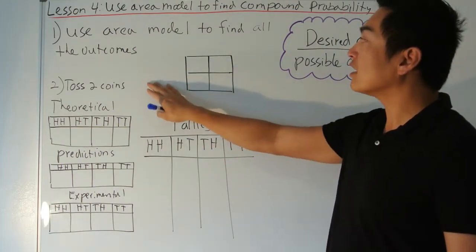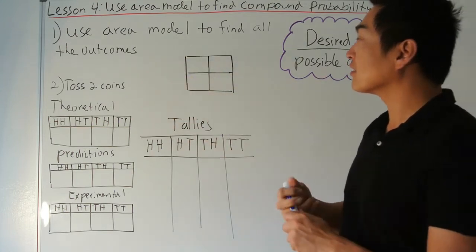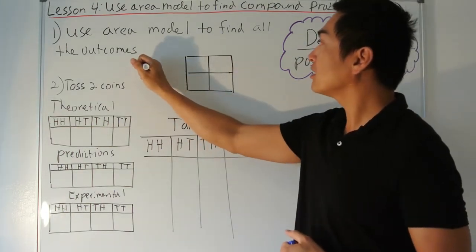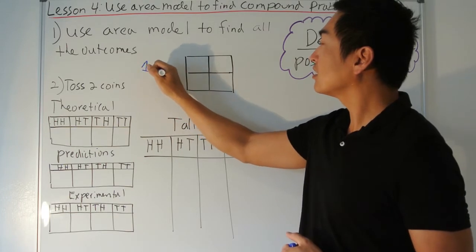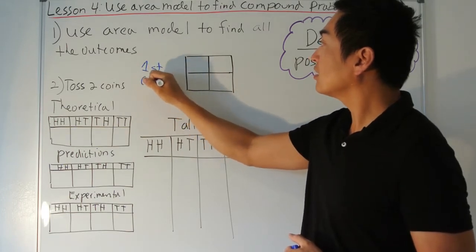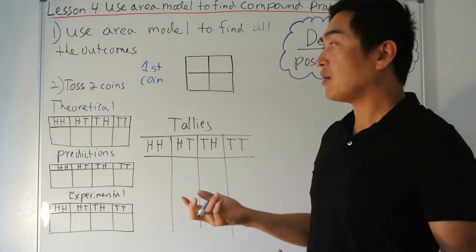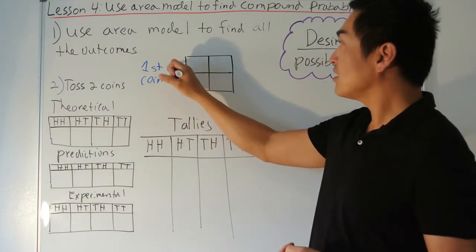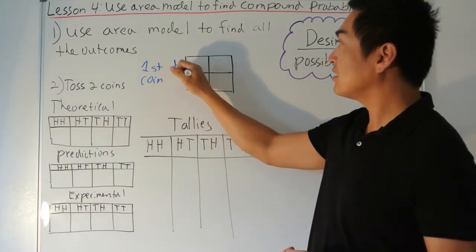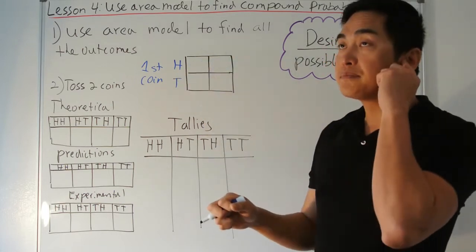Since the first coin has 2 options, heads and tails, I'm going to write down, that'll be my first coin. I have 2 options, that's why there's only 2 boxes here. So my 2 options are getting heads or tails for my first coin.